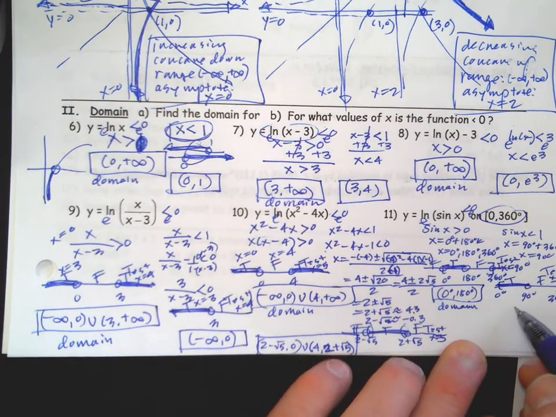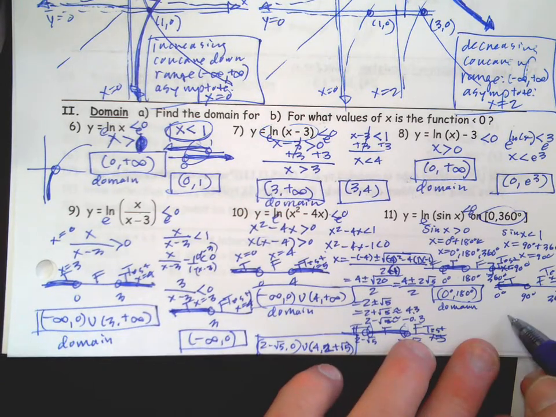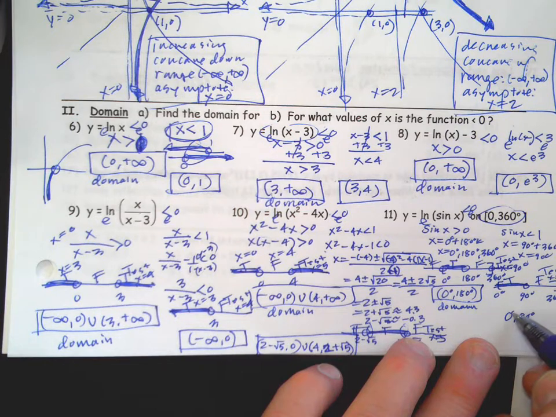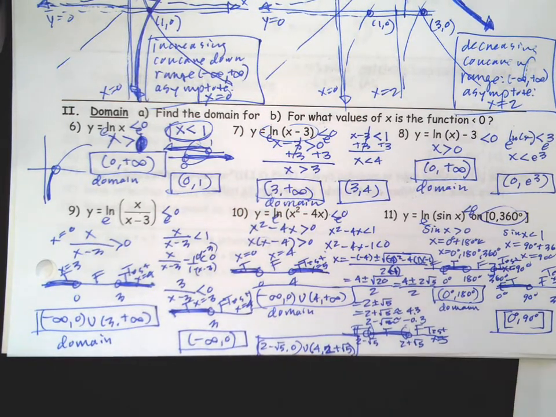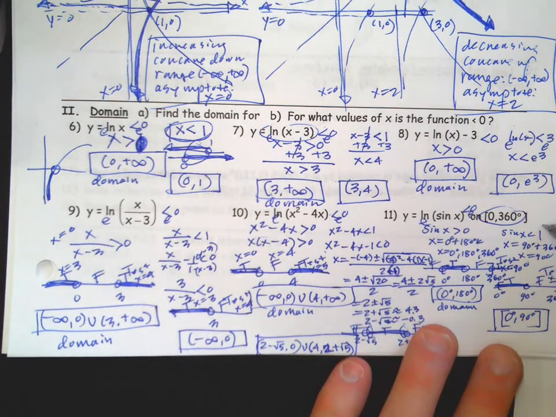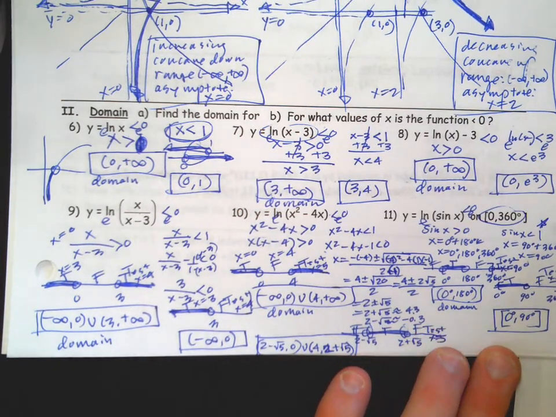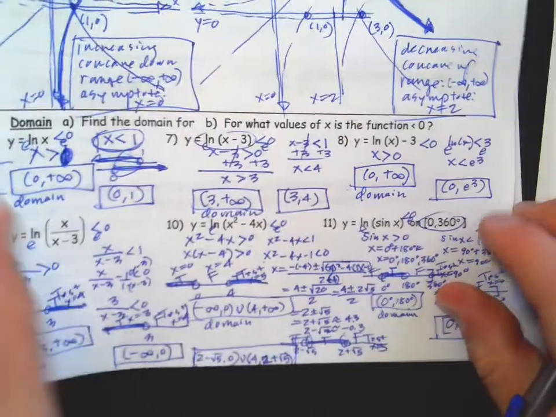So where does this overlap with that? Well, looks like 0 to 90. And yeah, 0 to 90. So, ooh, I missed something. This is a bounce. This is where the graph bounces off the axis, right?